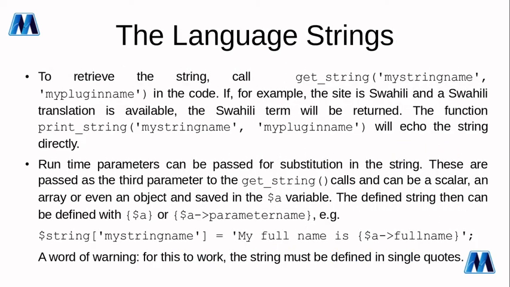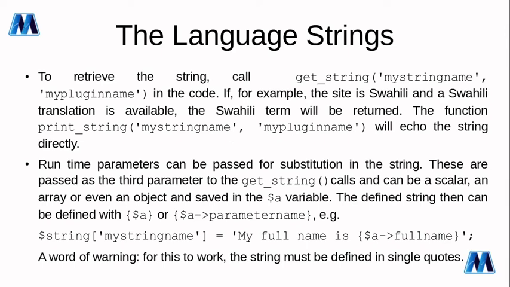So we'll talk a little bit more about the language strings. In your code, to retrieve a language string, you call the get_string function with your string name and your plugin's Frankenstyle name.